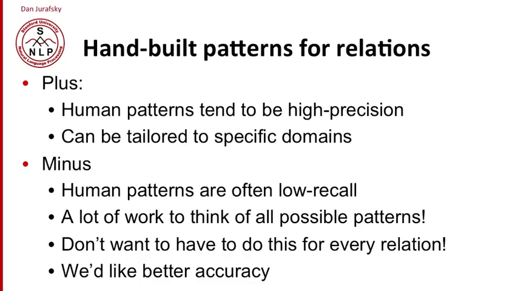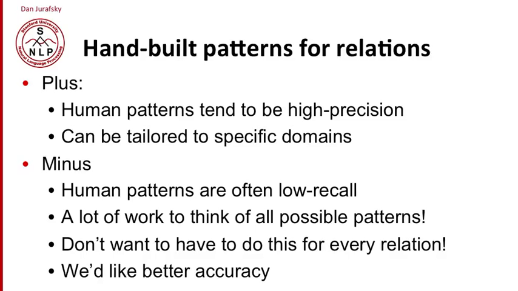Often, you don't think of a particular way somebody might have worded a certain sentence in free text that expresses a relation. And it's also a lot of work to do this, especially if you have a lot of relations. You're going to have to come up with very specific patterns for each relation and for each domain. And it'd be nice to also get a higher accuracy than you can get from these patterns.